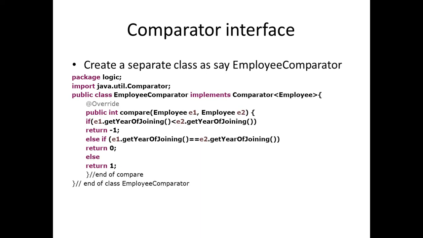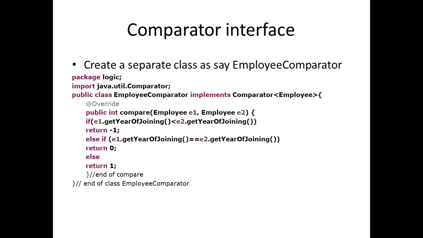So public int compare, you have to compare two employees, E1 and E2. Two arguments, based on what? Based on the year of joining. If the year of joining of the first employee is less than the year of joining of the second employee, then -1 will be returned.